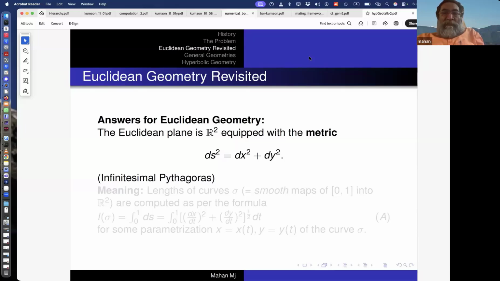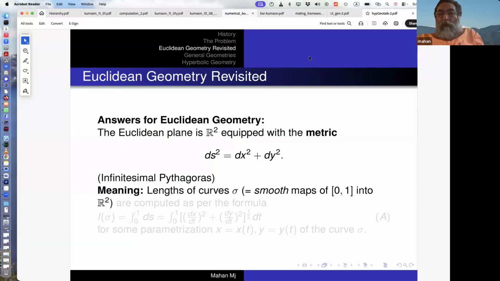What it means is actually a package. It gives you a way of computing lengths of curves. What are lengths of curves? What are curves, firstly? They are smooth maps of the closed interval 0, 1 into R2. And they are computed as per the formula.